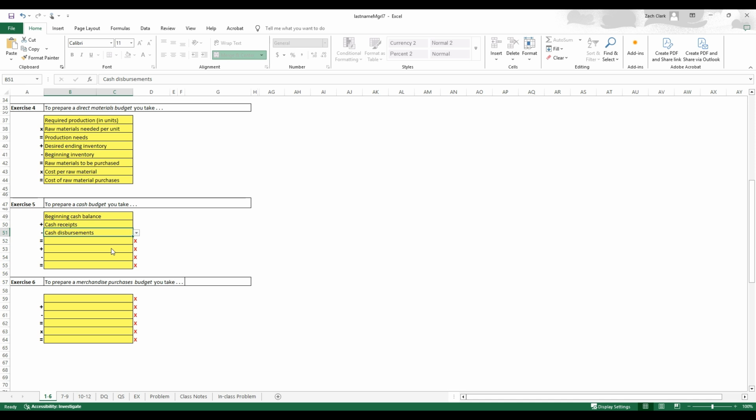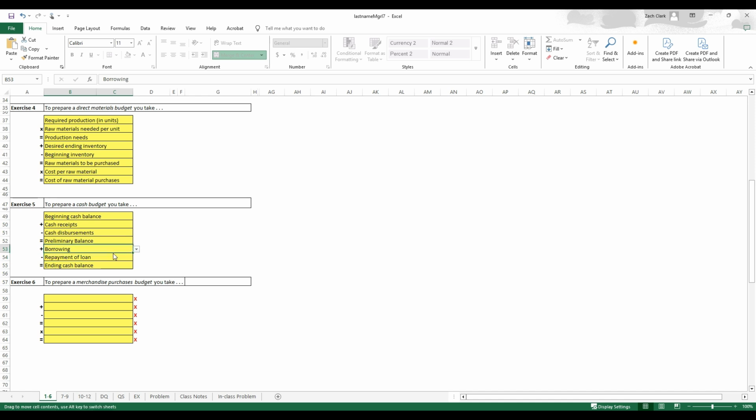We're going to subtract out our cash disbursements. I think that's going to give us our preliminary balance there. Yep. And then we're going to add in potential borrowings. We're going to subtract out potential repayment of loans, and that will give us our ending cash balance.